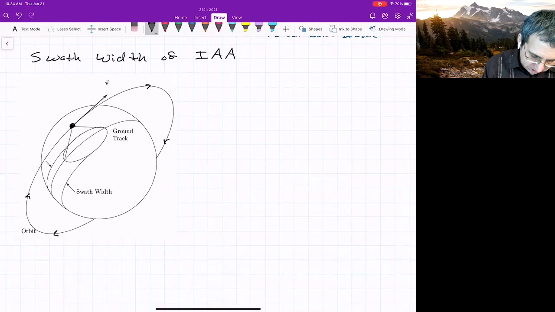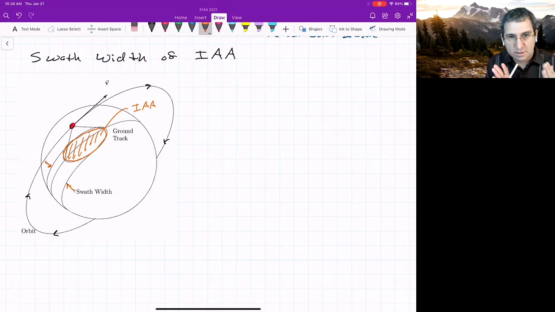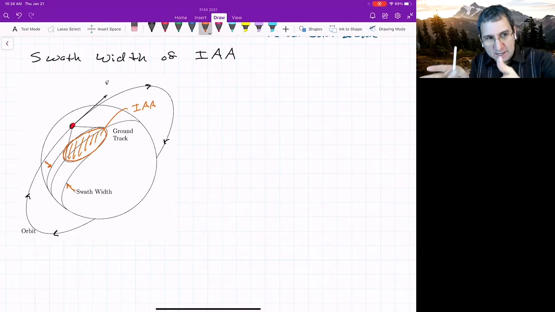Here's the location of the spacecraft, I'll put that in red. And then this cone, this doesn't show it quite right because it's not clear that this cone is tangent to the Earth, but this is the IAA in here. And the swath width would be the width of that instantaneous access area as we're going around.